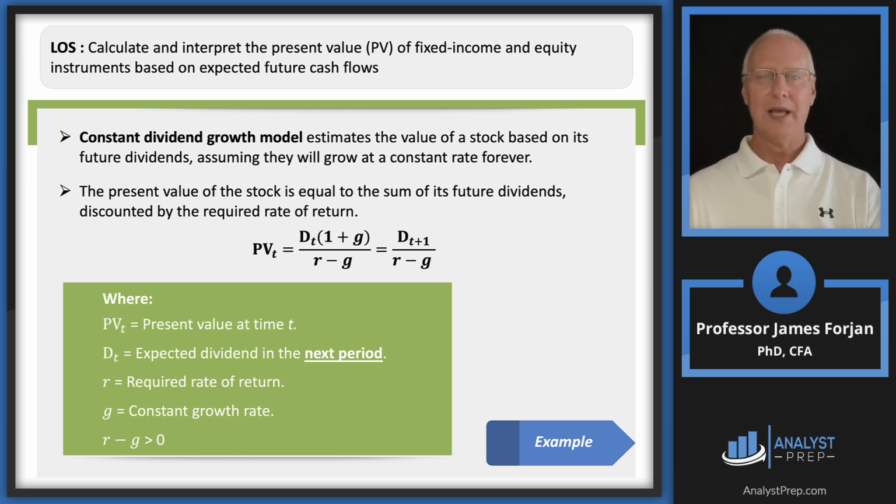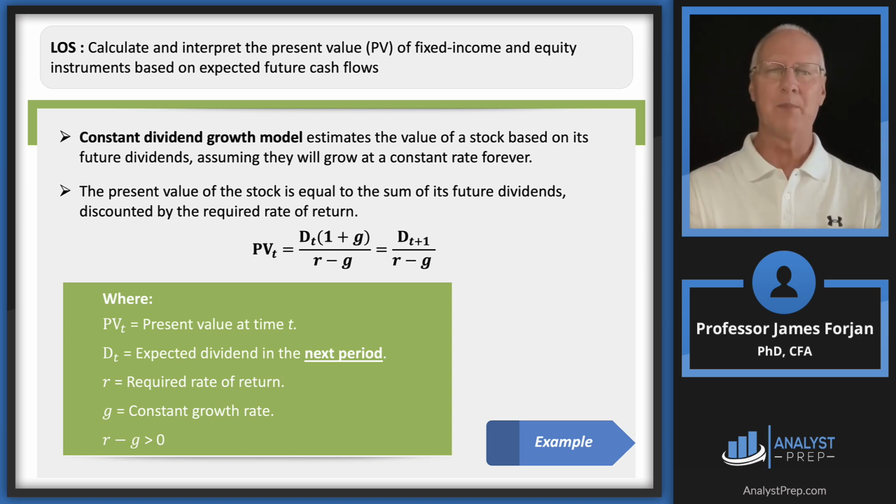So all we need to do is take the present value of the dividends. Boy, look at that arrow point. What did I say to you at the very beginning of this slide deck? The price of any financial security is the present value. So look, the present value of the stock is equal to the sum of its future dividends discounted by the required rate of return.